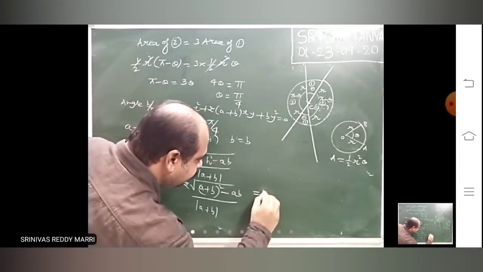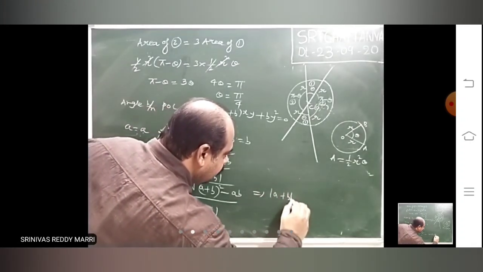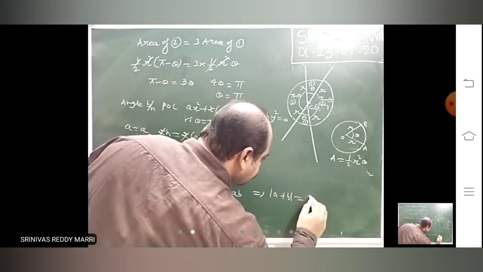So bring this side. That implies modulus a plus b equals 2 root of.